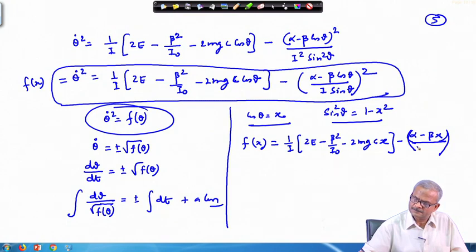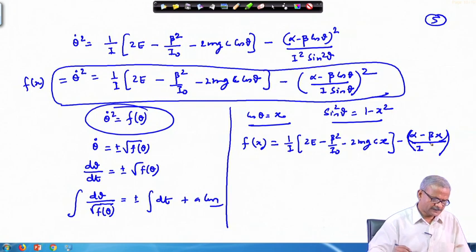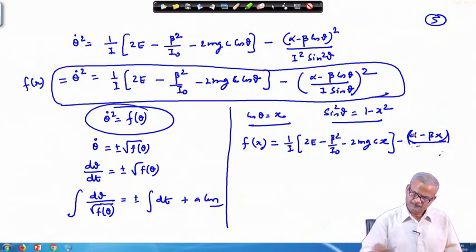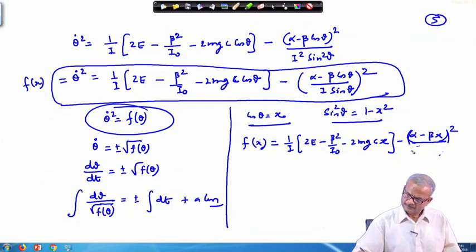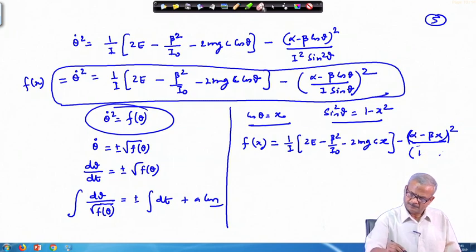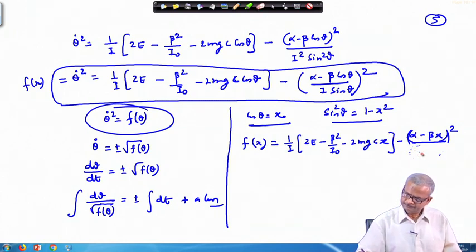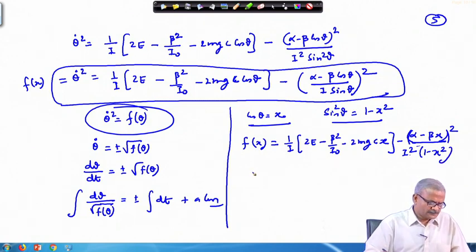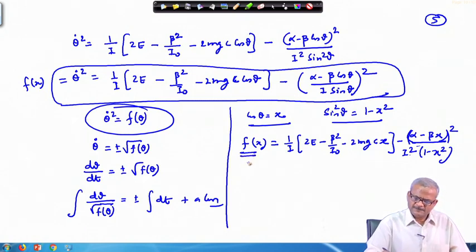Here we have I square and sin square theta, so sin square theta will be 1 minus x square. So, this is the equation, and this equation we need to solve.